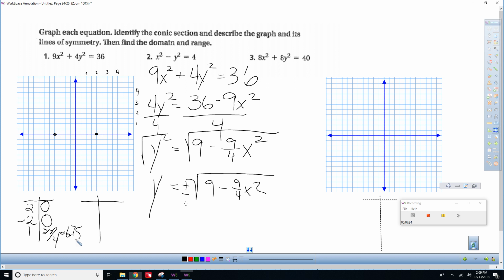So if I put in a 1, I get the square root of 6.75. I'm going to screw it up again. So that's like, I don't know, like 2.7 or negative 2.7 because it's plus or minus.